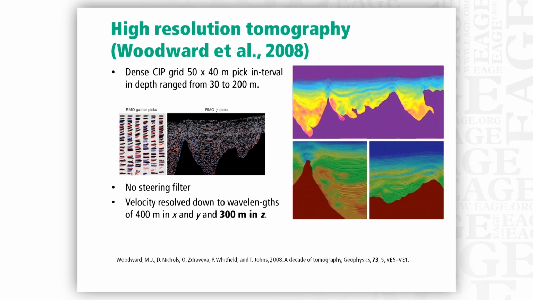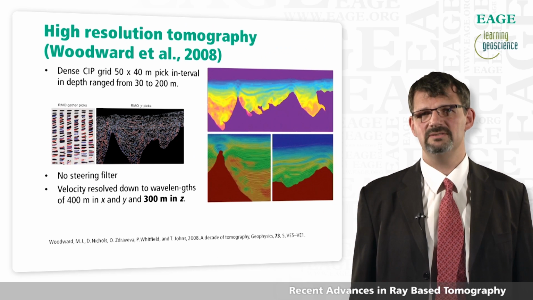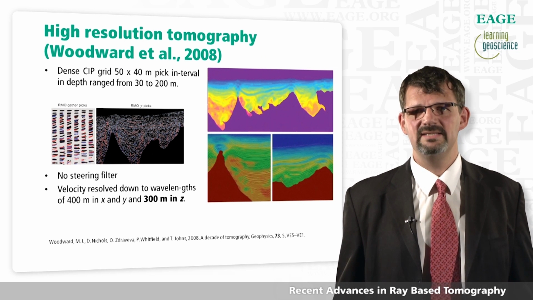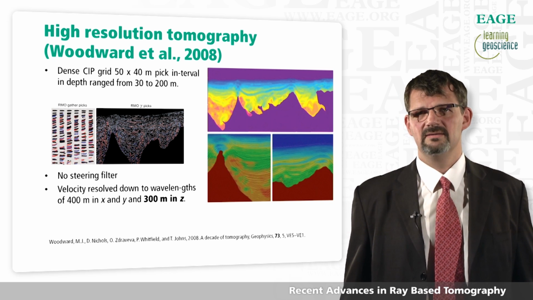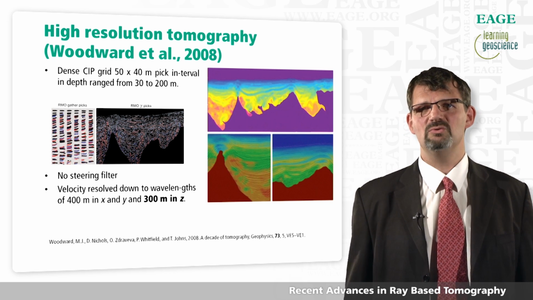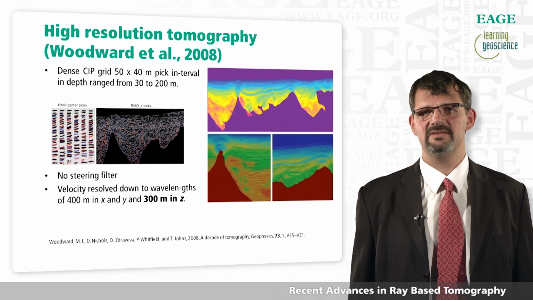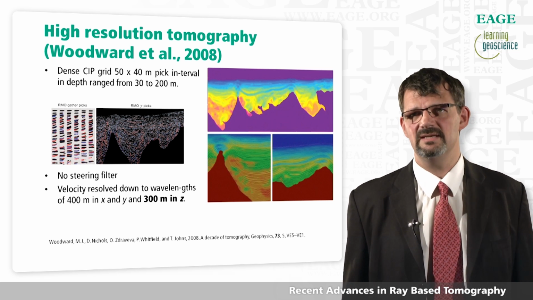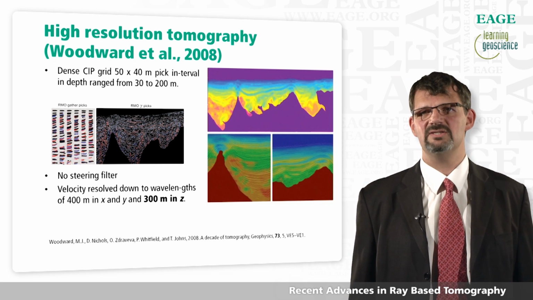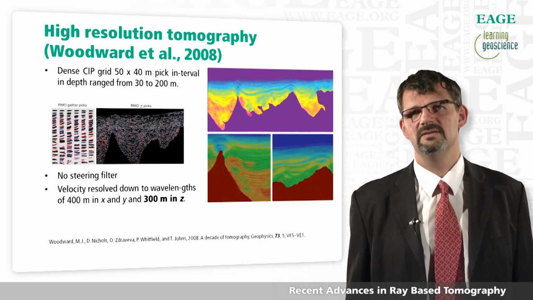Performing a very dense picking, dense in lateral position and in vertical position, without applying any steering filter. This paper shows that you can resolve wavelengths of 400 meters laterally and 300 meters in Z, with a very nice delineation and structural conformity.